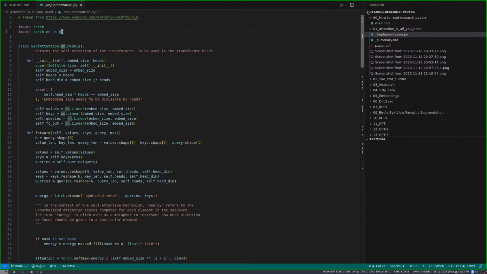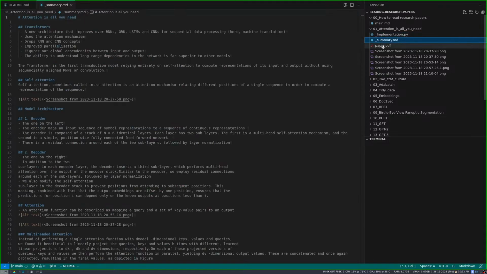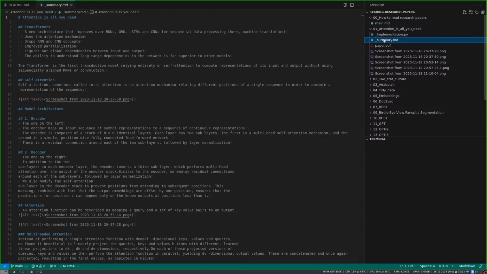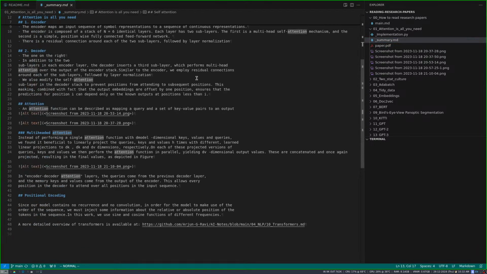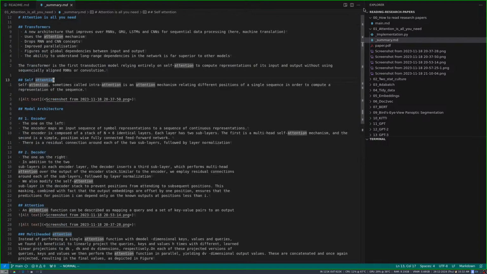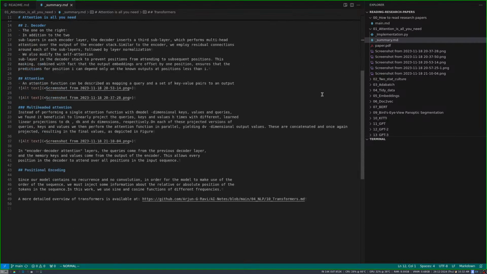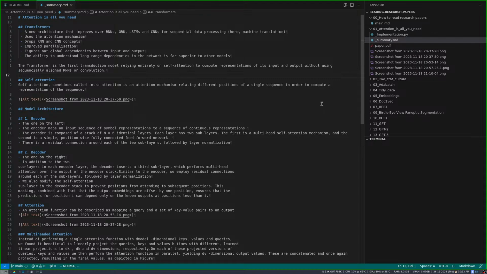I don't know how much we will get, but that's okay. This is a summary for transformers. I'll just read this and we'll try to learn about transformers. I've read the paper about once, but it's not an easy paper to read. So we'll see.